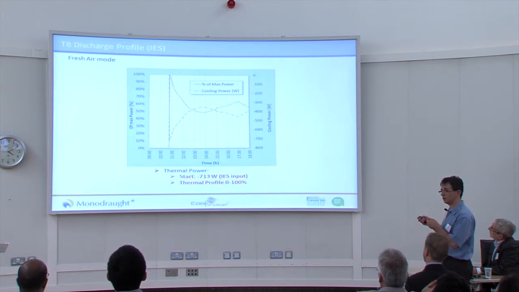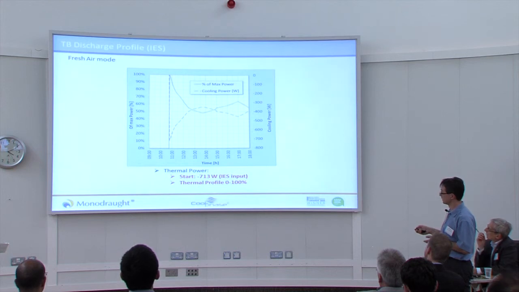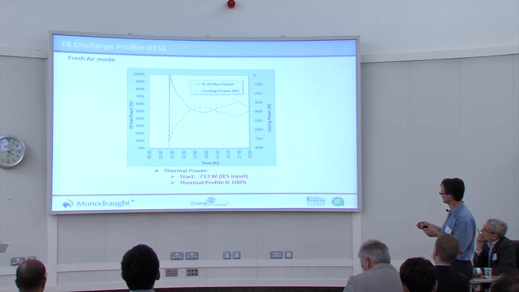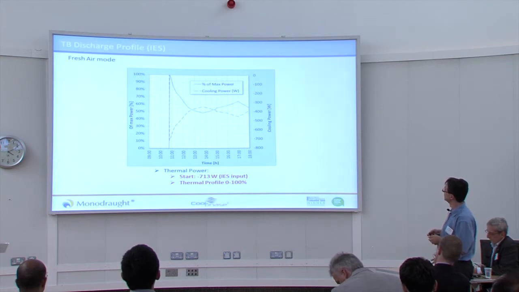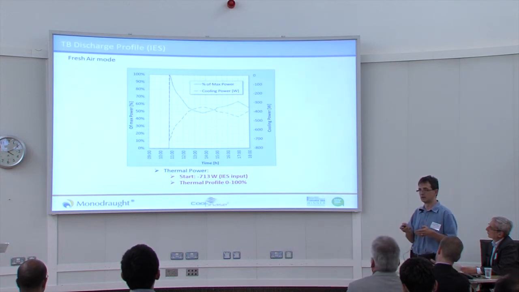And with the use of our model, we can extract basically a starting power, a thermal power, and the temperature profile, so the profile of how this power is distributed over the melting period. And this is what we can give to the software doing the dynamic thermal simulation.